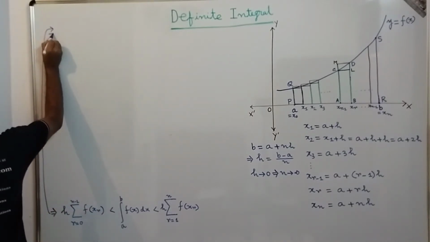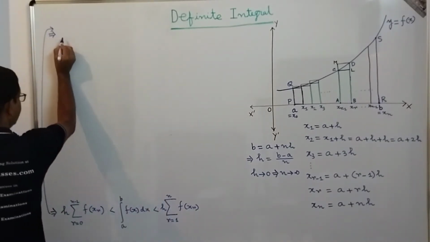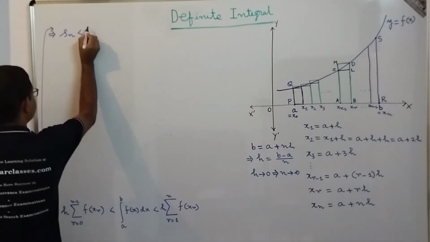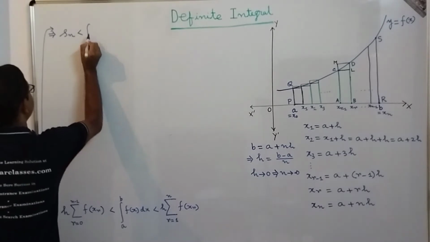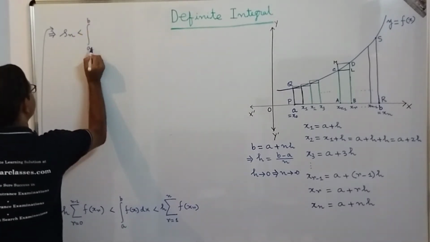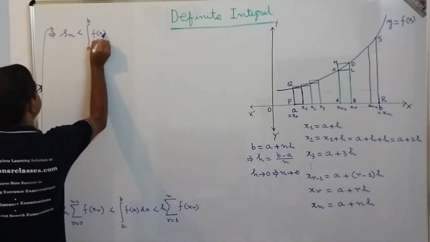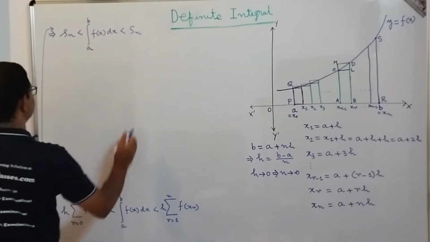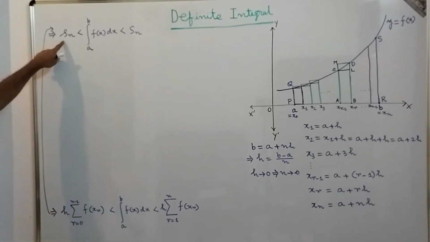So this implies that small sn is less than the integration a to b f(x) dx, which is less than capital Sn. What is small sn?